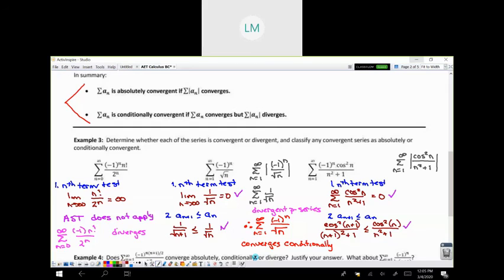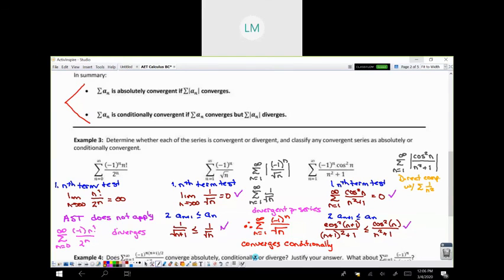Well, we can do direct comparison with 1 over n squared, because 1 over n squared will always be greater than cosine squared n over n squared plus 1.